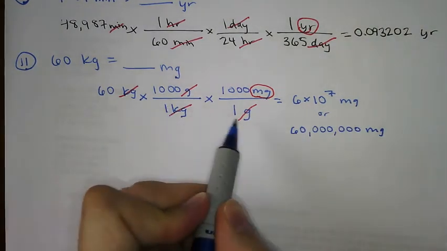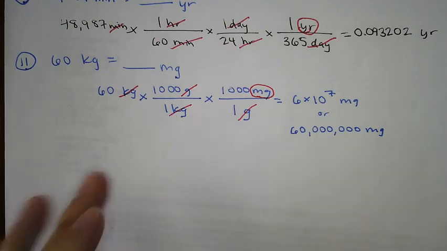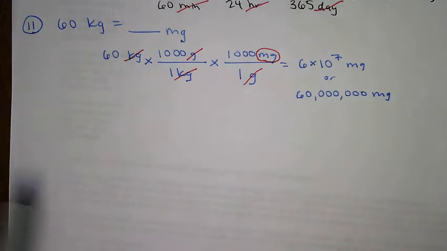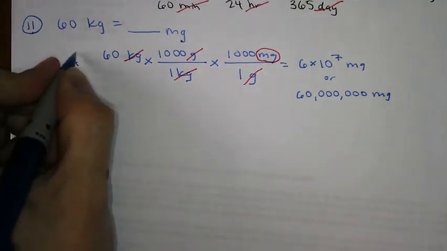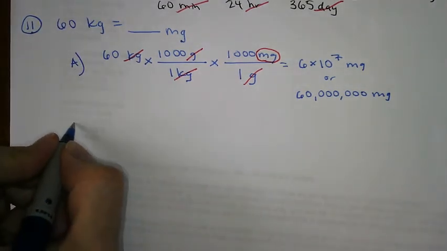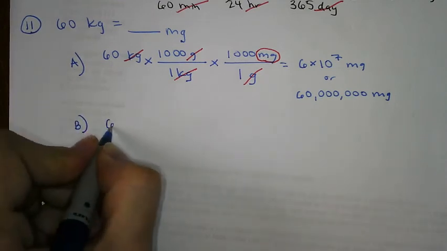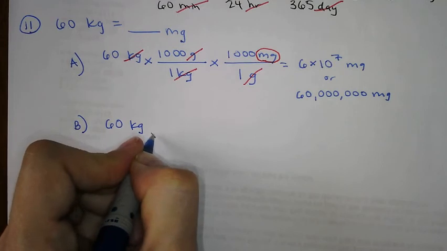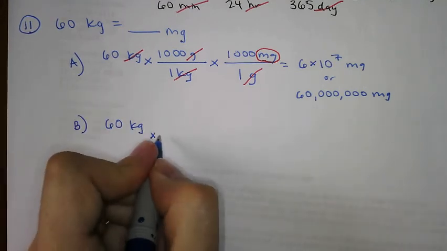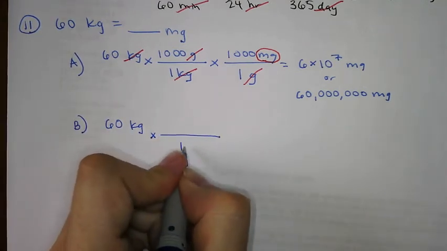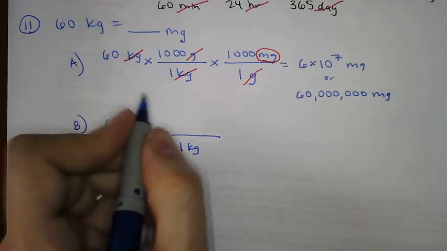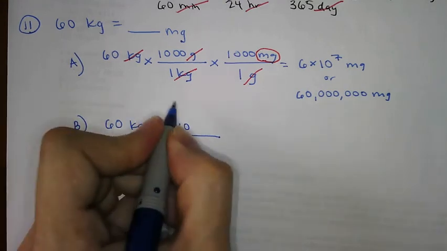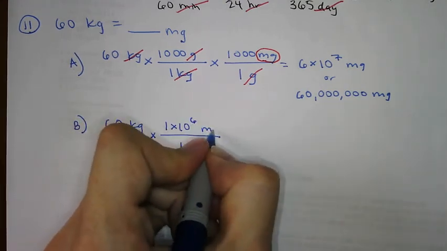Now, if you don't want to break it down into 2 steps, that's okay, if you know how many milligrams are in a kilogram. So you could do it this way. So this was option A. Here's option B. You could be like, I'm better than Miss Grant because I have all of this memorized, and I know that in 1 kilogram there are, so you have to think about it, 1 times 10 to the 6th milligrams.